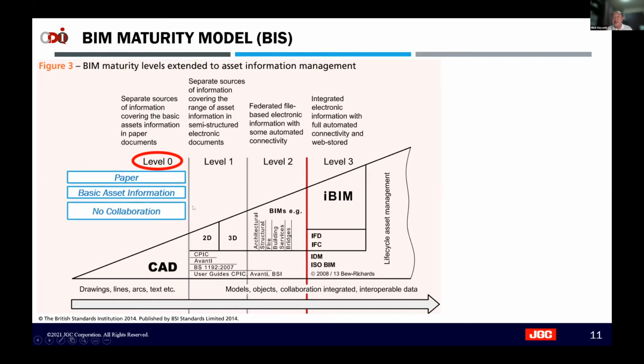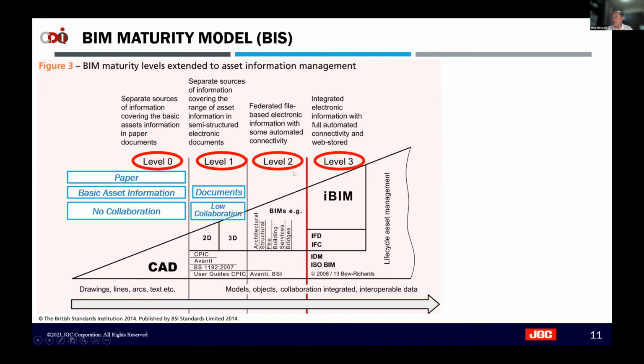It's paper. You can copy it, but basically no collaboration model. Okay, level 1 is still document-based with a little bit of collaboration, and includes 2D and 3D. Since paper can only produce 2D drawings, but now it's 3D, but it's like documents. You can see perspective views or maybe various angles, but still low collaborative documents.